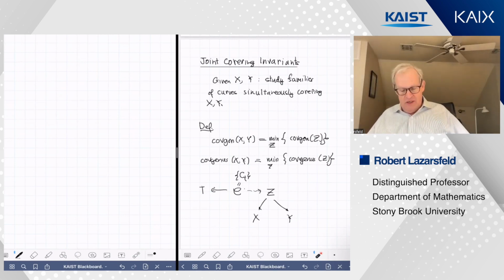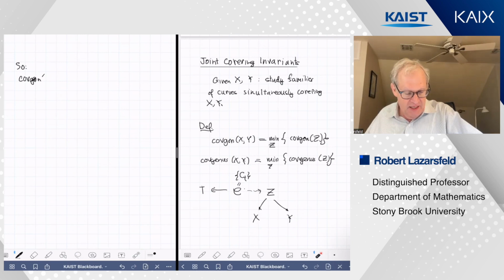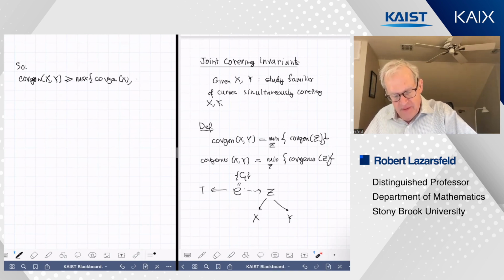Well, there's one kind of silly inequality we can note: definitionally, the joint covering gonality of X and Y is at least equal to the maximum of the covering gonality of X and the covering gonality of Y, and ditto for the genus.